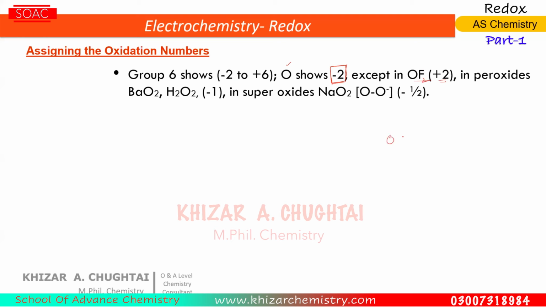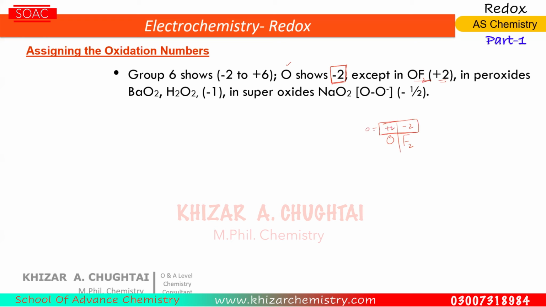In OF2, I told you F is always taken as negative. One negative for each F, so 2 negative for 2 F, and to make the sum equal to 0, I put +2 for oxygen. The sum of both boxes is 0, as it's a neutral molecule. Only in OF2 does oxygen show +2.